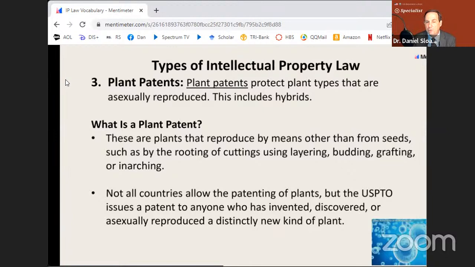Not all countries allow the patenting of plants, but the USPTO issues a patent to anyone who has invented, discovered, or asexually produced a distinctly new plant or kind of plant. You could have a plant that you have pollinated and created, and this happened with tulips back in the 1600s. They had a very big tulip boom, created by plants that were unique.